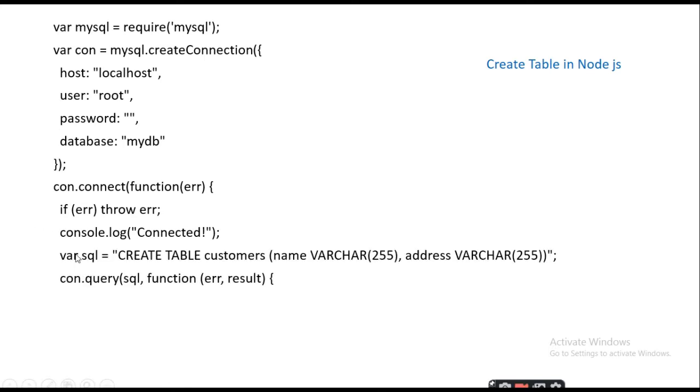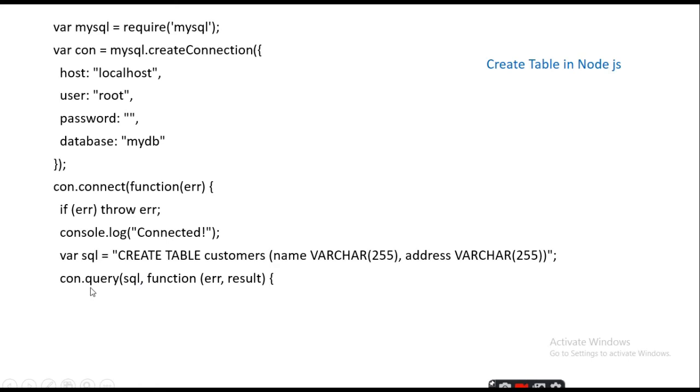And then after that, variable sql equals create table. We are using this command, create table customers. We are using this table name customers, name varchar of 255, comma, address varchar of 255. Then con.query sql, comma, function.